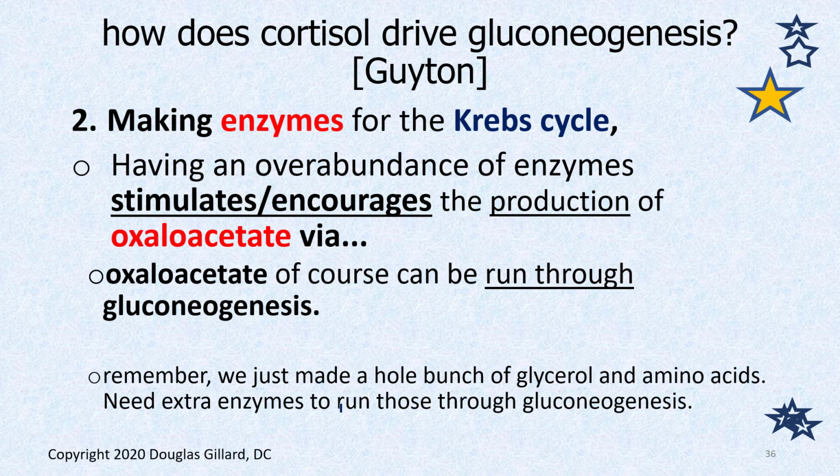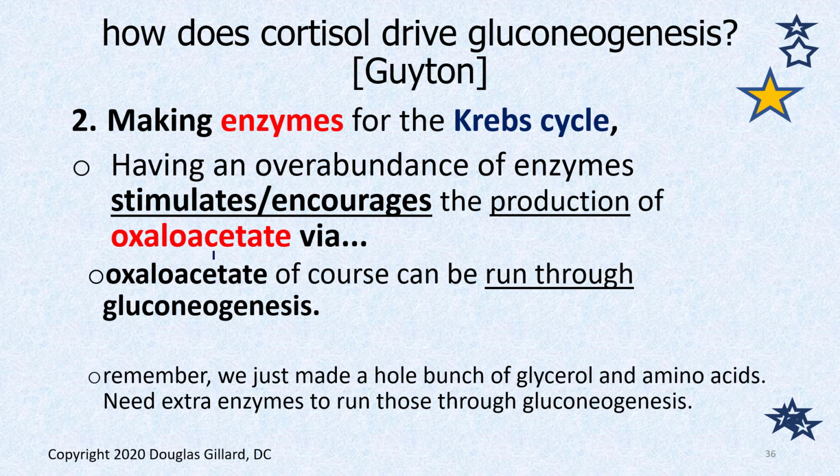How else does cortisol drive gluconeogenesis? It also stimulates the central dogma in cells to manufacture enzymes for the Krebs cycle. So you have an overabundance of enzymes. That way the Krebs cycle can run at full blast without any limitations. And we'll talk about oxaloacetate as the main product.